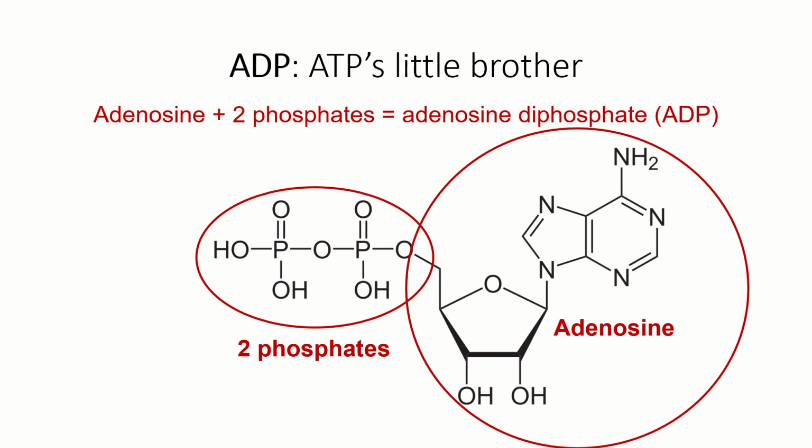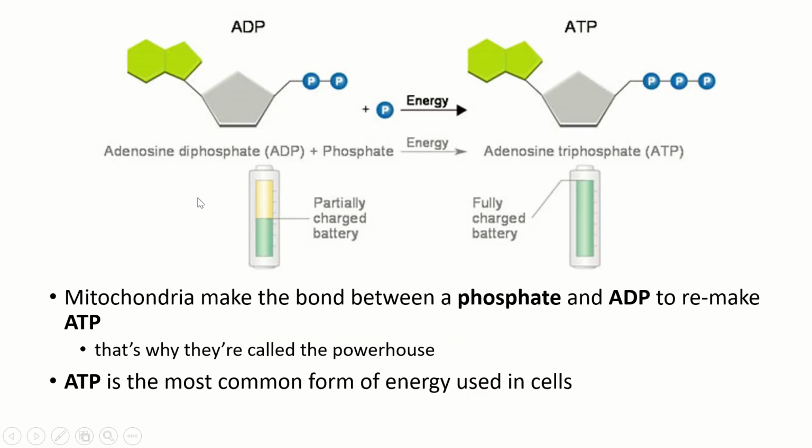They're just constantly using ATP over and over and over again, creating ADP and free phosphates. Think of it like charging a battery. When you've got the ADP with 2 phosphates and an extra phosphate, you've got a battery that's not charged. The mitochondria then put the phosphate back onto the ADP, creating an ATP, storing a little bit of energy in this bond.